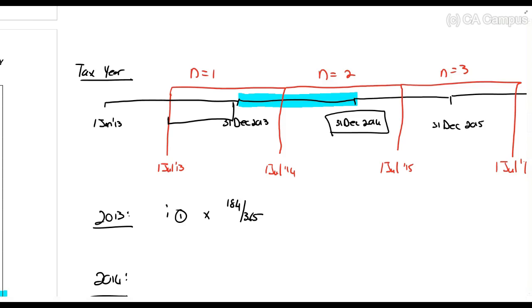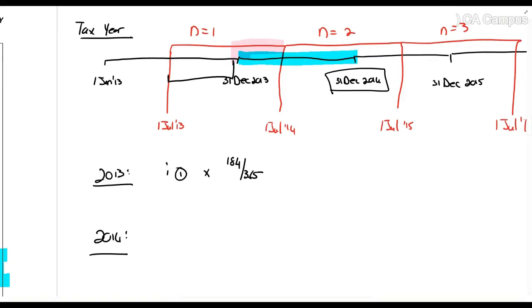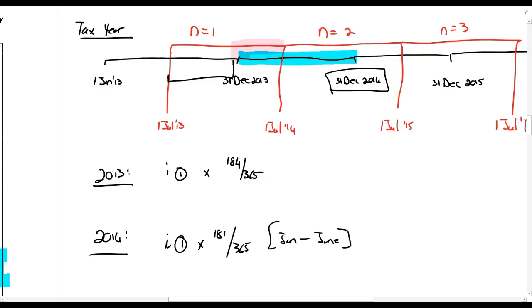So what happens in that tax period? We have part of N1 in here. So interest for 1 times 181 over 365, that is basically January to June. Then we have part of N2, from July till December. So I2, 184 over 365, and that is July to December.